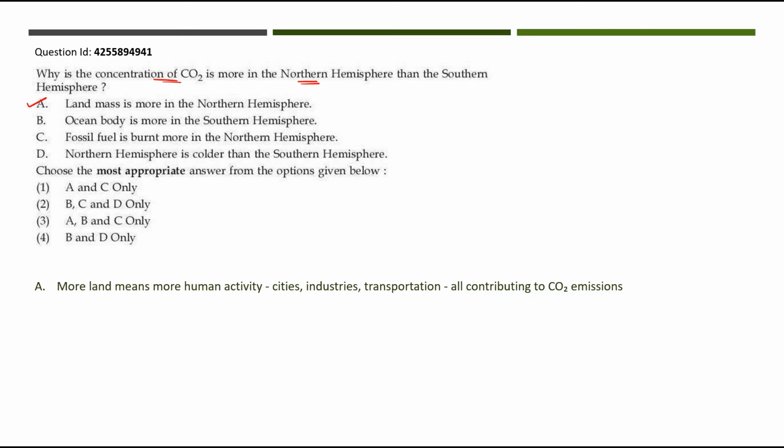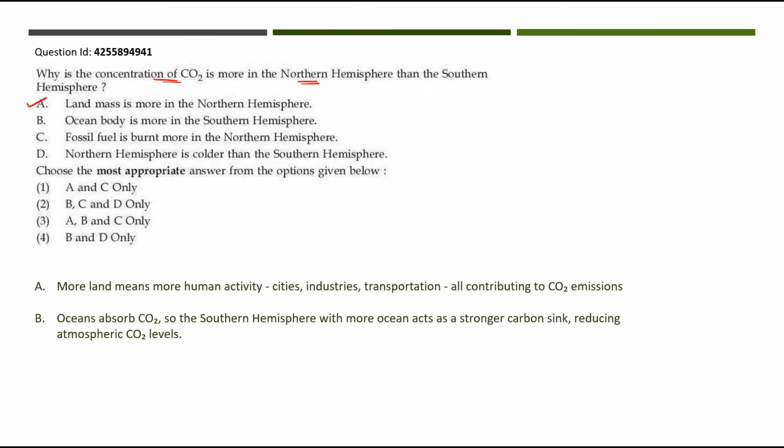What about B? This is ocean body in the southern hemisphere. Oceans absorb CO2, so the southern hemisphere with more ocean acts as a stronger carbon sink, reducing atmospheric carbon dioxide levels. Since ocean body is more in the southern part, oceans will absorb CO2.